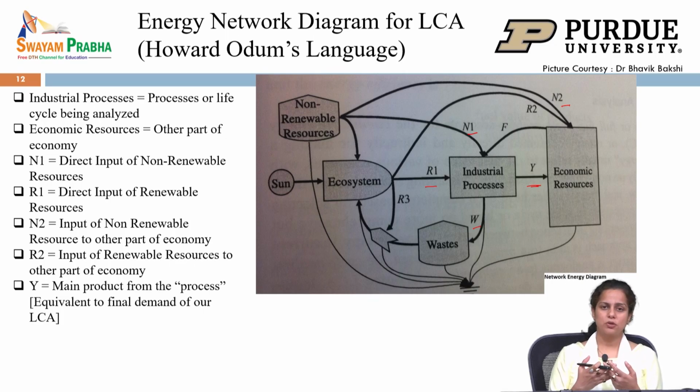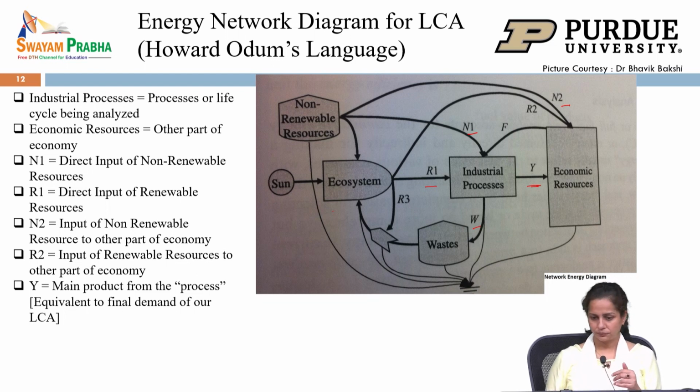So, Howard Odum was an ecologist who focused on the energy flows within the ecological system. And you can see that the ecosystem is getting its energy from the sun. So, eventually a lot of the resources and energy that we are consuming is coming from the solar or other forms of energy. And once you have defined the non-renewable and renewable part, you can combine them in terms of energy units.